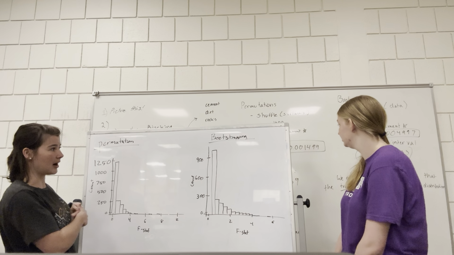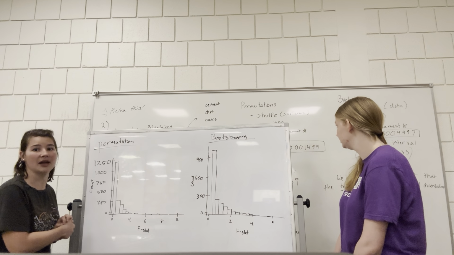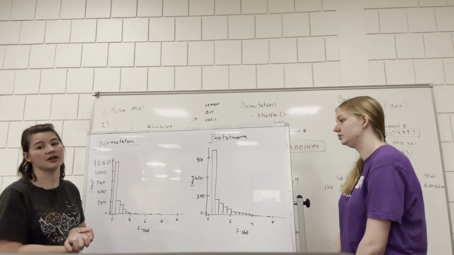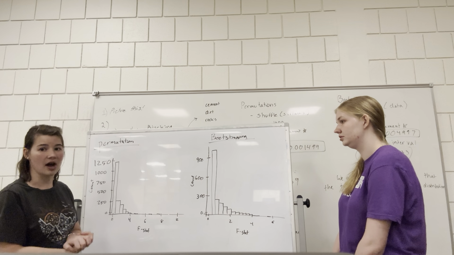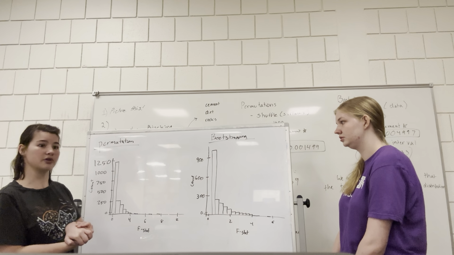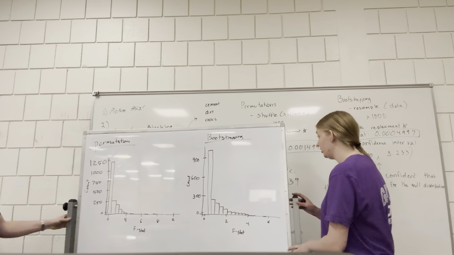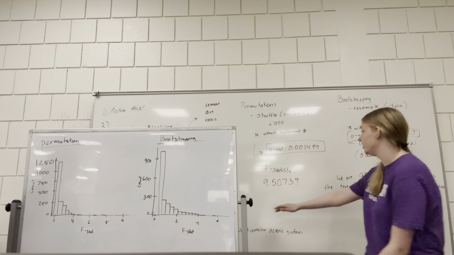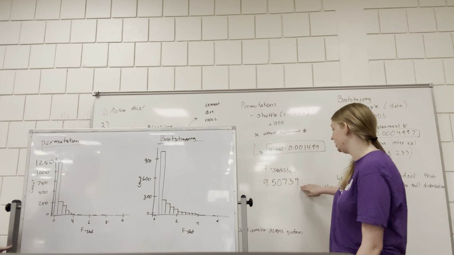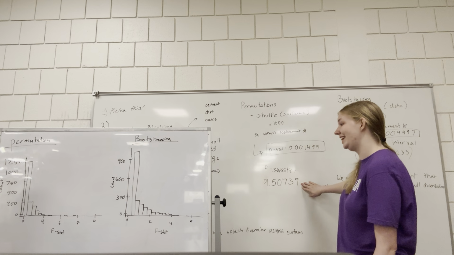So that made our analysis more accurate because it was based upon the data we actually collected and not just the theoretical distribution. So the F statistic for our original data is 9.50739.